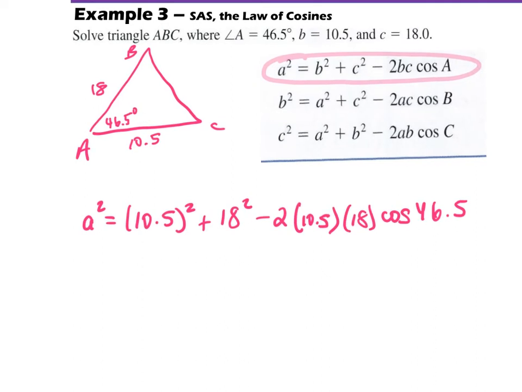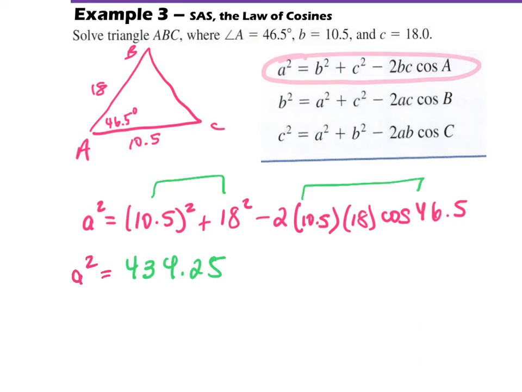Some of you will do this entire thing in your calculator and get your answer, which is fine. But if you enter it incorrectly, it can get very messy. So I'm going to tell you to do this in two parts. First part: 10.5 squared plus 18 squared, and I got 434.25.